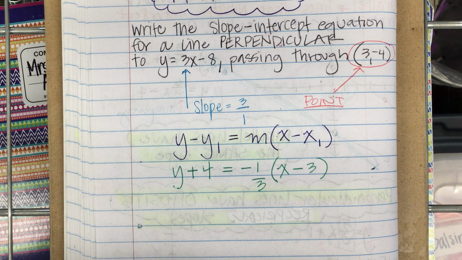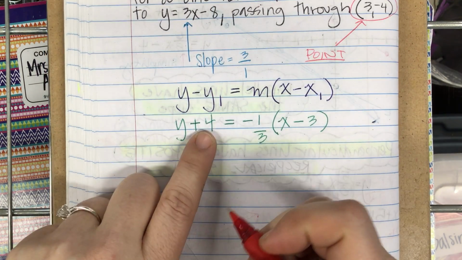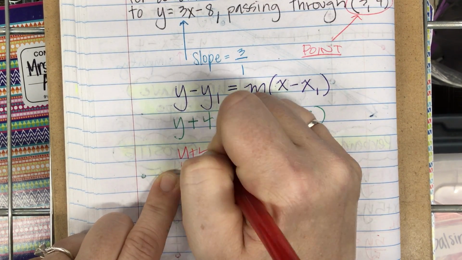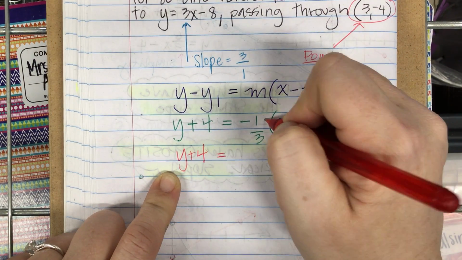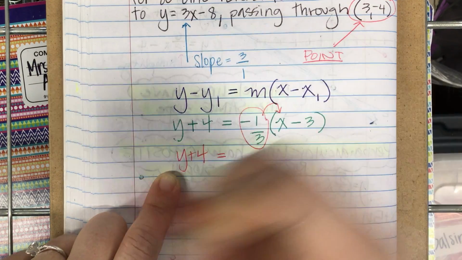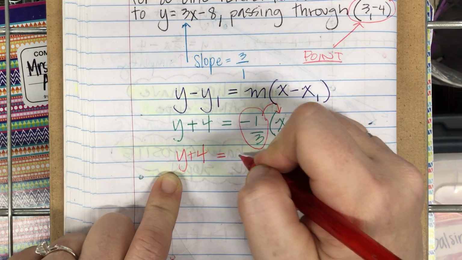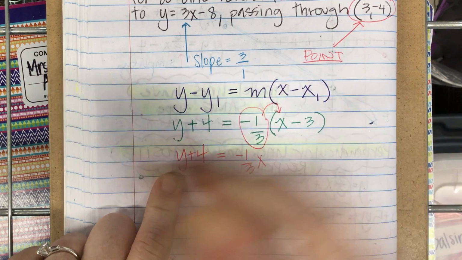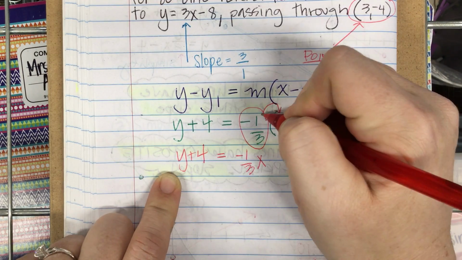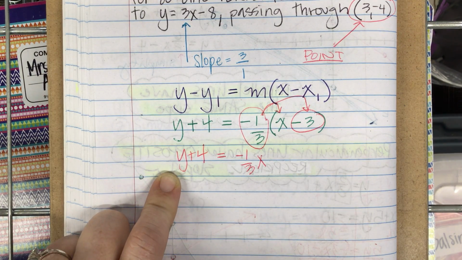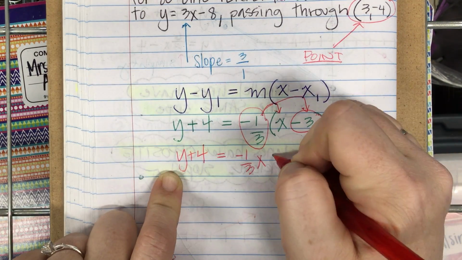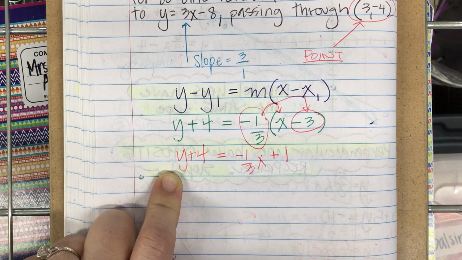Second step, simplify. Here we go, simplify. y plus 4 cannot be simplified. Equals -1/3 times x is -1/3 x. Beautiful. -1/3 times -3 is positive 1, plus 1.